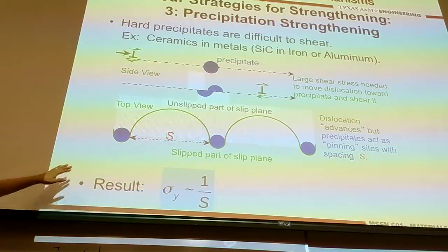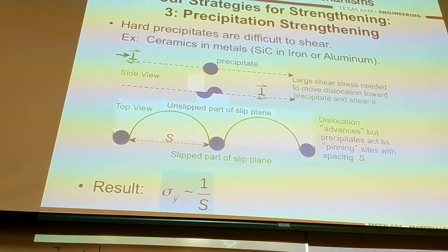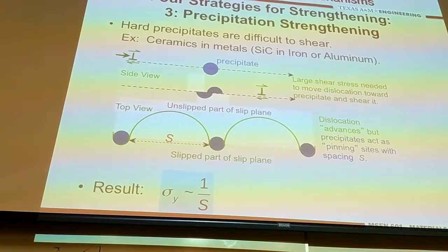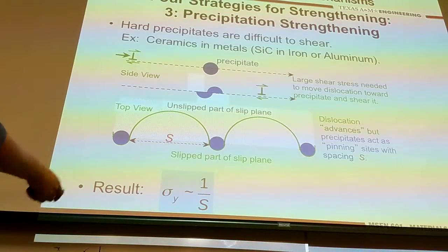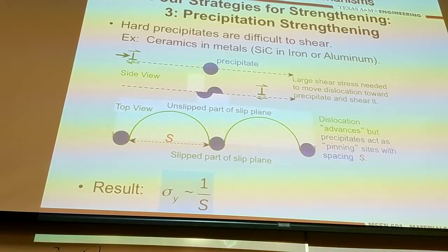That is too hard. So you will see the dislocation deform but not cross, and it will slow down. This creates a lot of trouble for dislocations moving around the precipitates inside the metals.